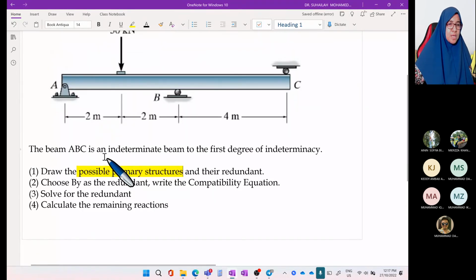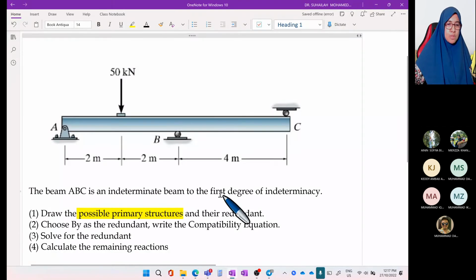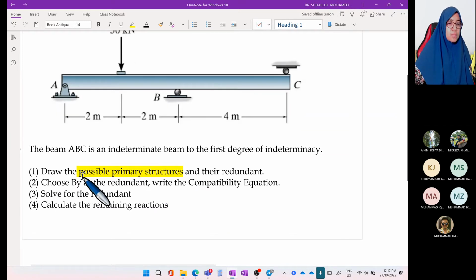To answer this one, the beam ABC is an indeterminate beam to the first degree of indeterminacy, because we have four unknown reactions. Draw the possible primary structures and their redundants. In this case, both options will give a simply supported beam.